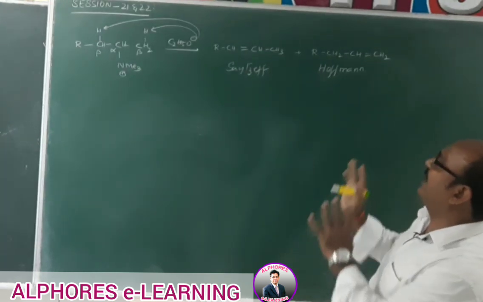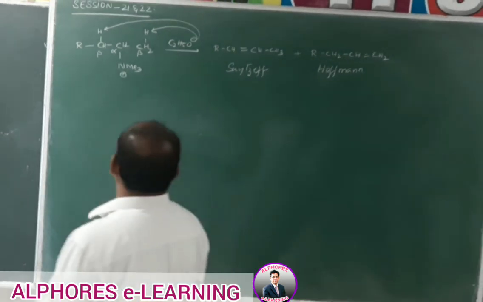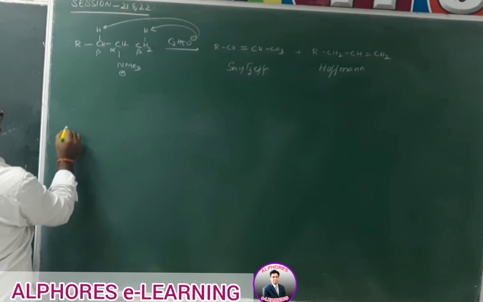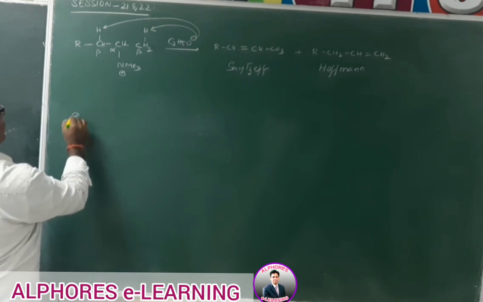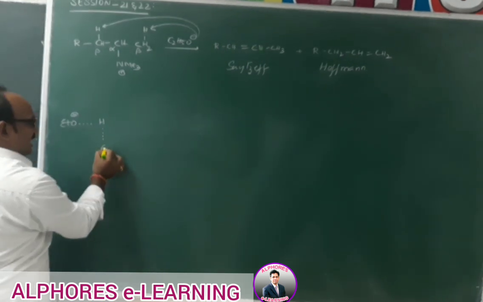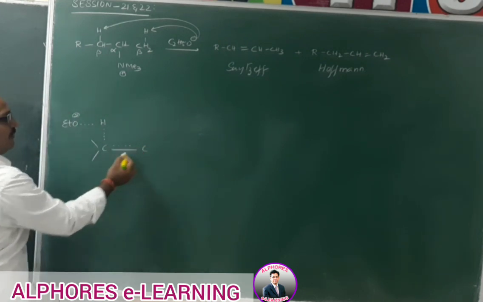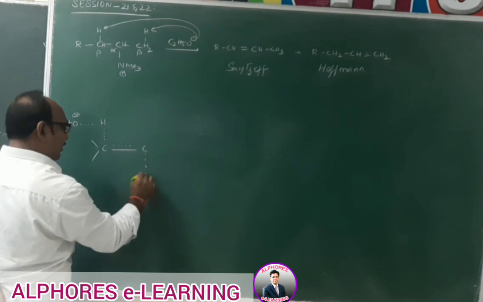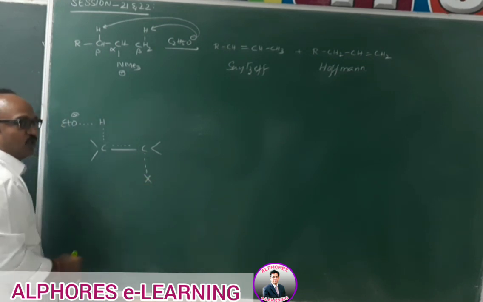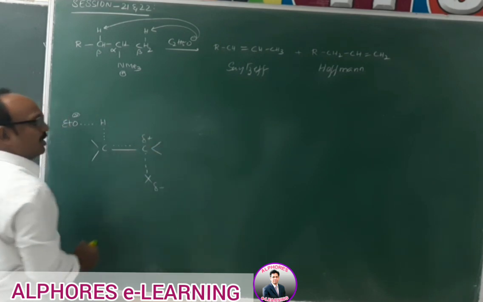Now in this case, which one is major and which one is minor, we have to check. In the case of Saytzeff elimination, the base, say ethoxide ion, comes and approaches the beta carbon containing hydrogen, and in between, this carbon-hydrogen bond is going to break slowly, and there will be a formation of a double bond between the two carbon atoms which consist of the leaving group, say X. Let me repeat once again: when X pulls electrons towards itself and comes out as X minus, this carbon acquires a partial positive charge.